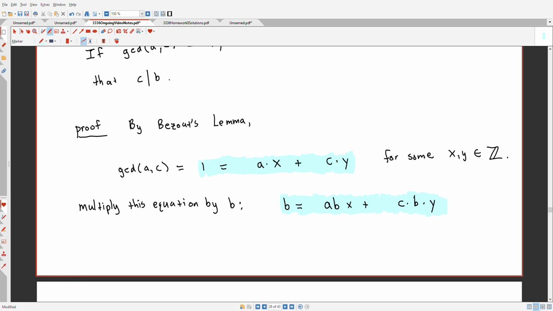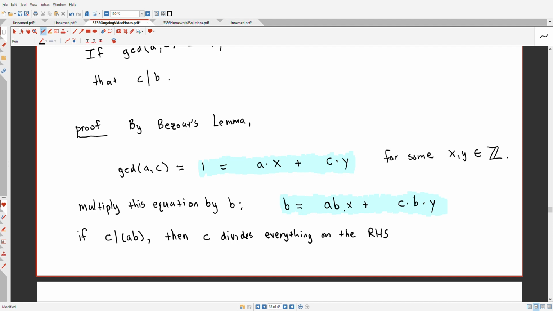Okay, and what are we assuming? So if C divides A times B, then C divides everything on the right-hand side of this equal sign.